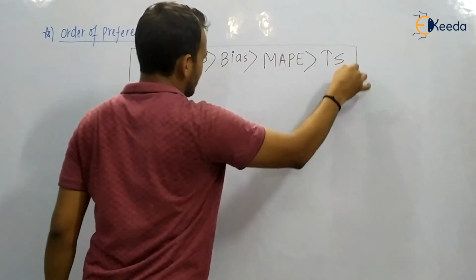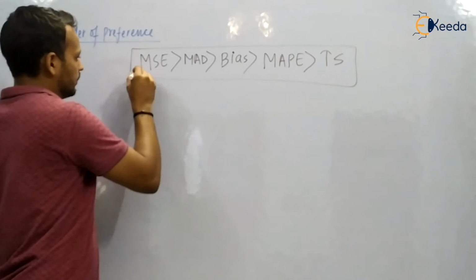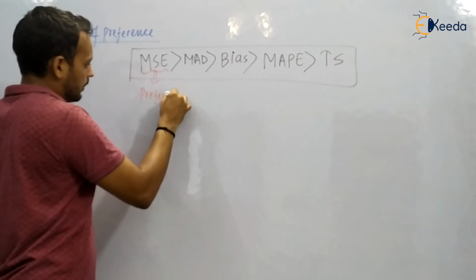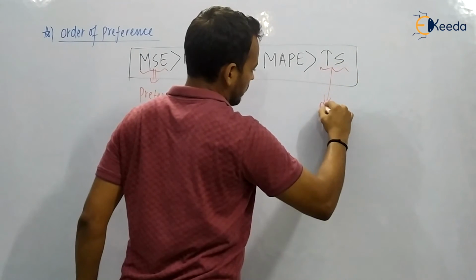So the order of preference is in this way. MSE is preferred the most, and tracking signal is preferred least.